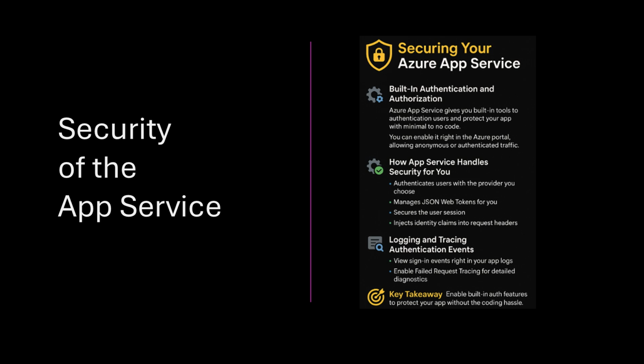What's remarkable is that you don't need to modify your application code, install SDKs, or even worry about which programming language you're using. App Service handles it all for you. It just works. When it comes to configuring how your app handles incoming traffic, you have two main options within the authentication blade of an app service.